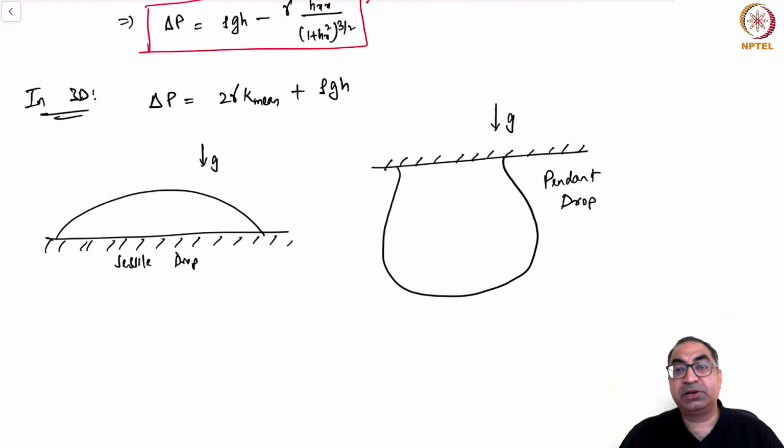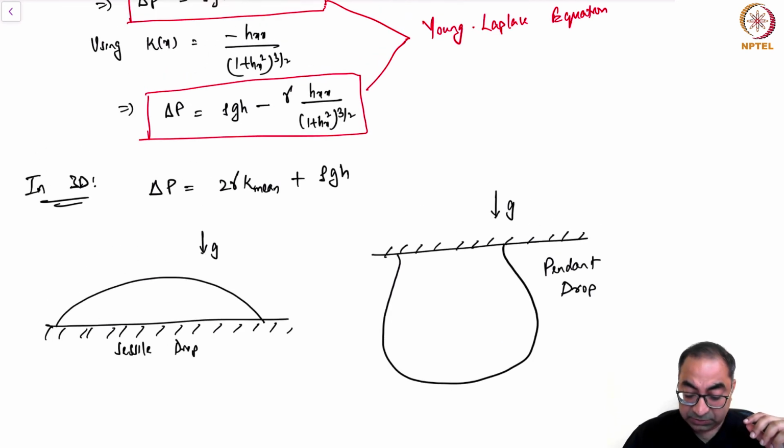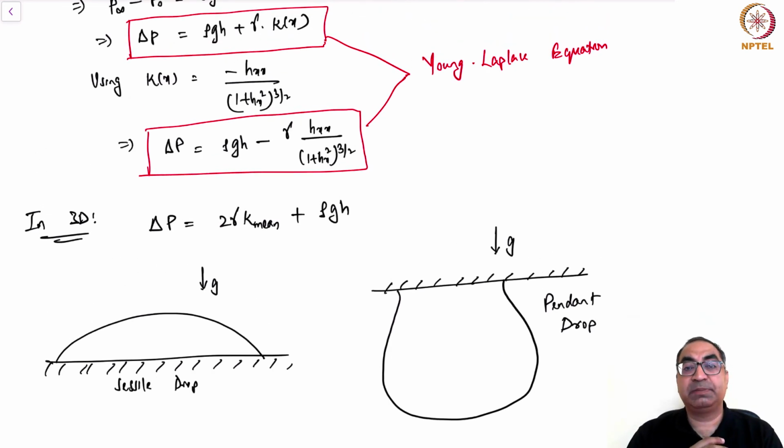To find the shape of this pendant drop, I use exactly the same Young-Laplace equation. The only difference is that we have to change the sign of gravity.